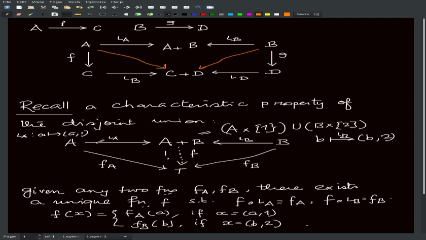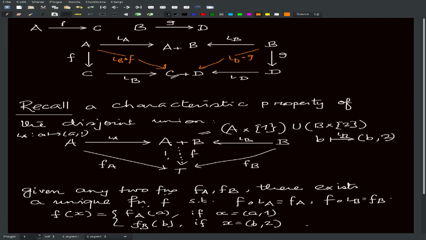So this part is iota B composed F, and this part is iota D composed G. So now you are exactly in this scenario.